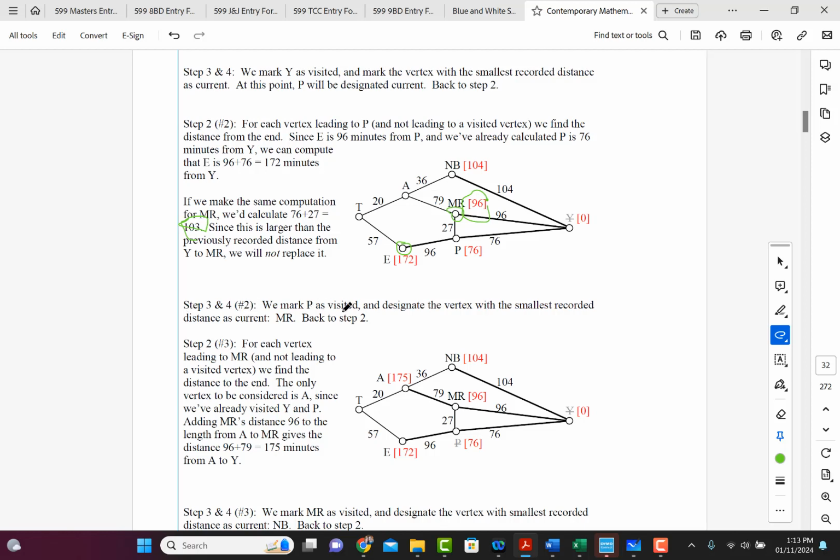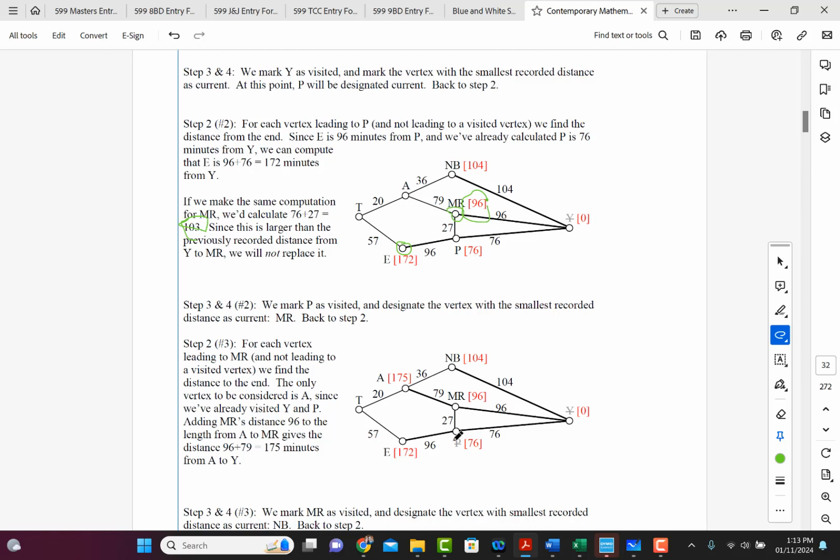So we mark P as visited and designate the vertex with the smallest recorded distance as current. So MR, and then back to step 2. We're now going back to step 2, which says for each vertex leading to MR and not leading to a visited vertex.